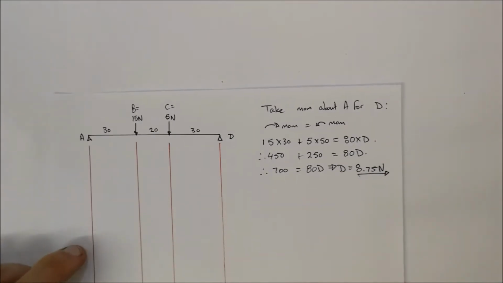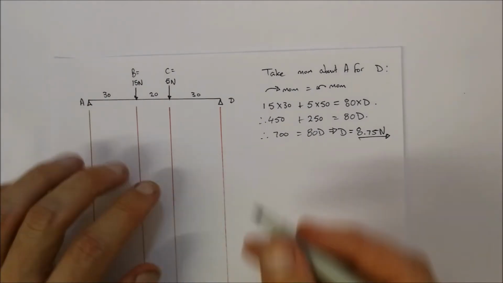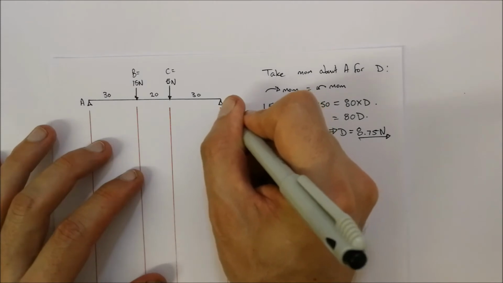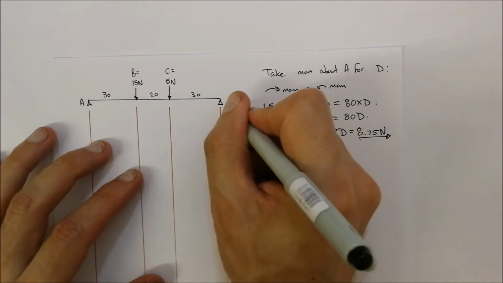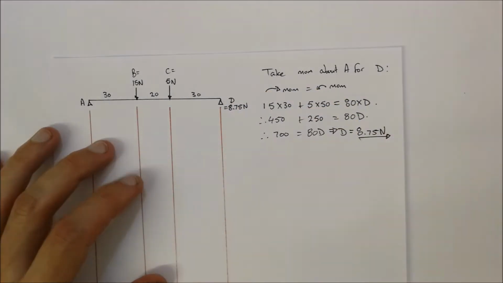Now that we've got D, we can write it in over here. So that's equal to 8.75.